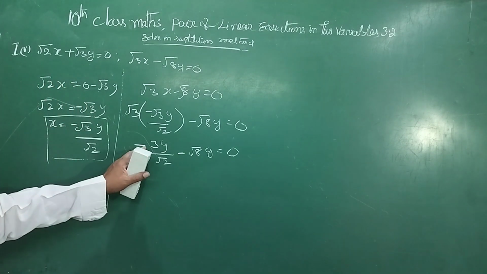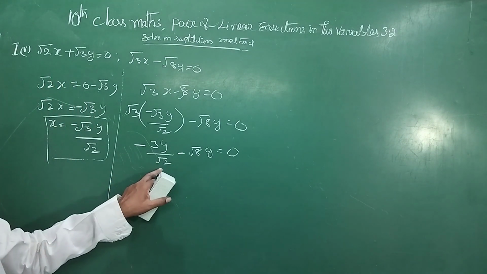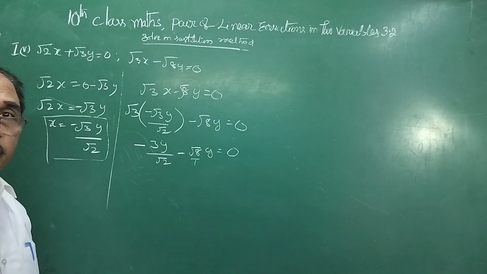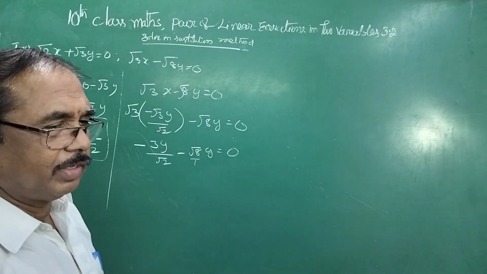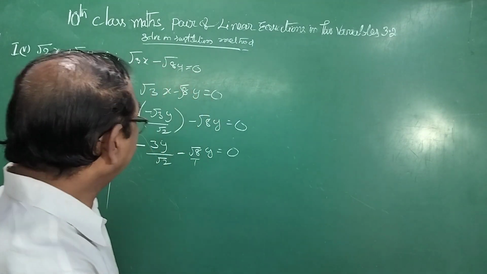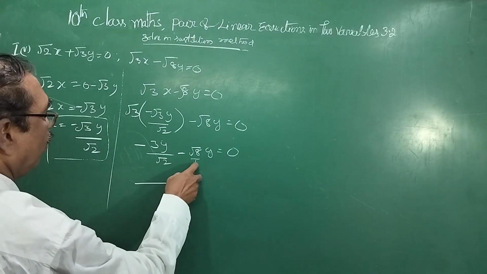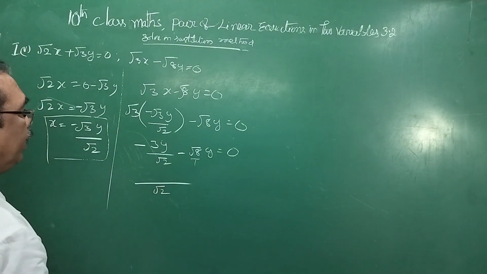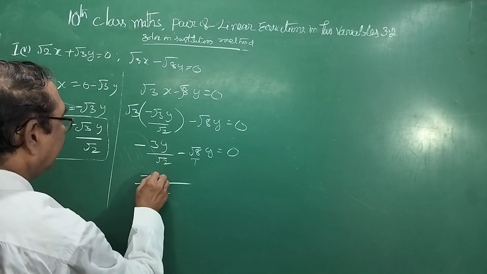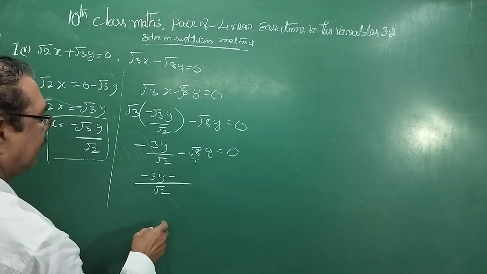Here is a fraction with denominator root 2, but the other term has denominator 1. If we want to add or subtract fractions, we have to find the LCM. 1 and root 2: root 2 is the LCM. 1 in root 2 goes root 2 times, so 3y minus.